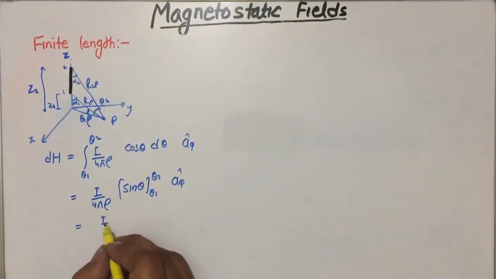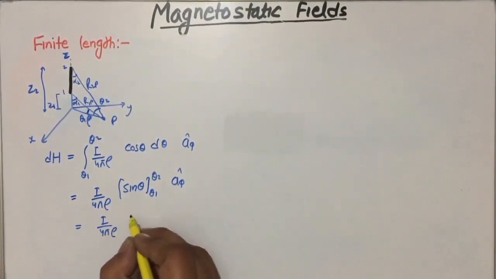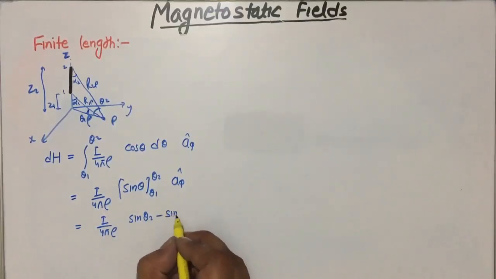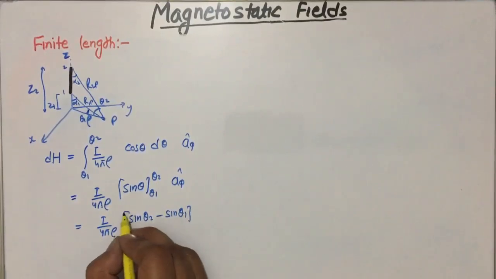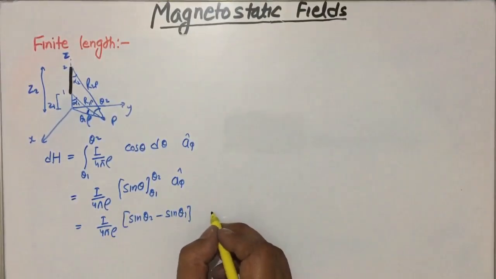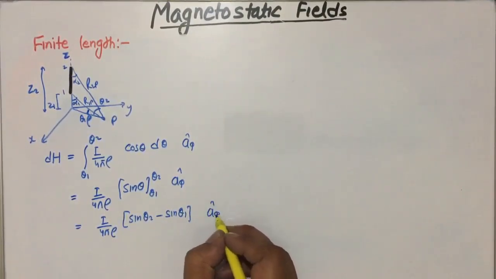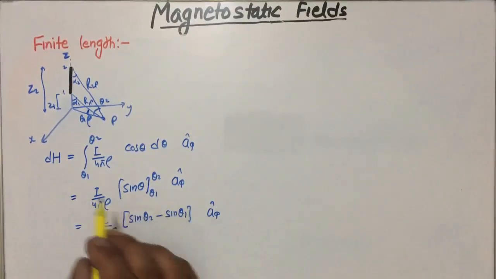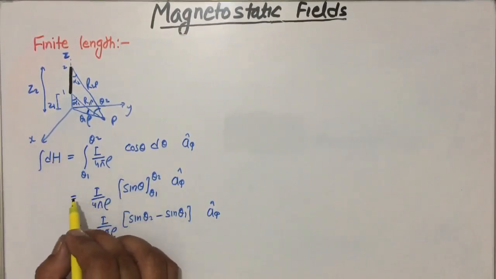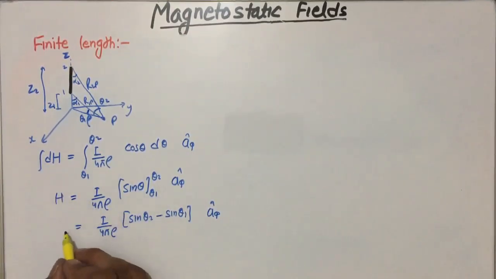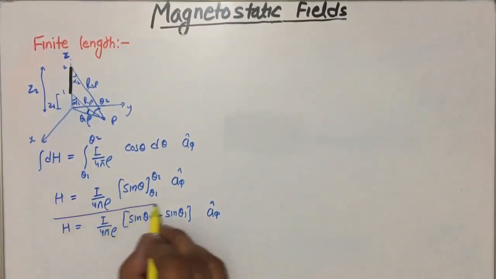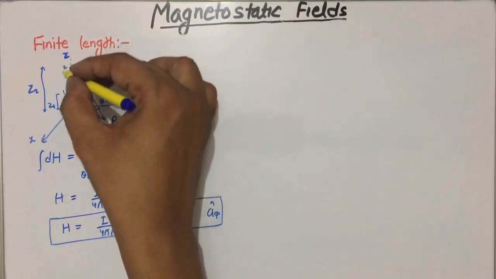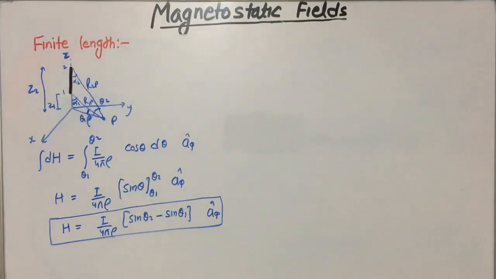After simplification, it will give us sine theta 2 minus sine theta 1 in the direction of a phi. So keep in mind that this will be our full H, the magnetic field intensity at this point due to this line conductor.